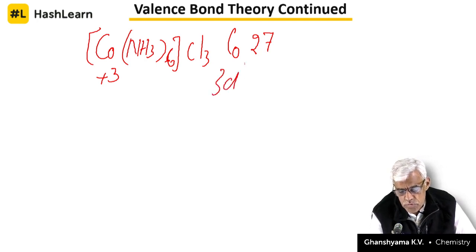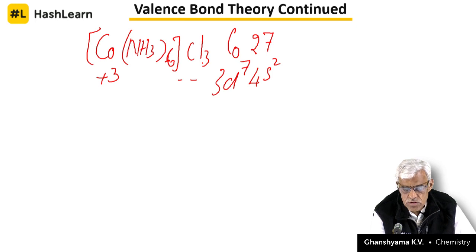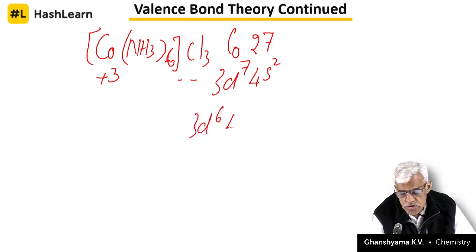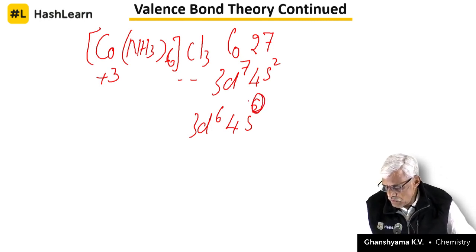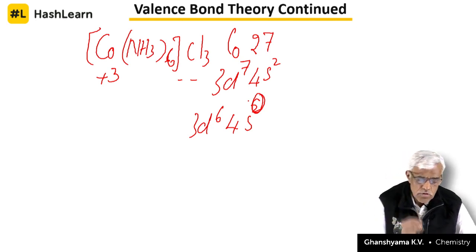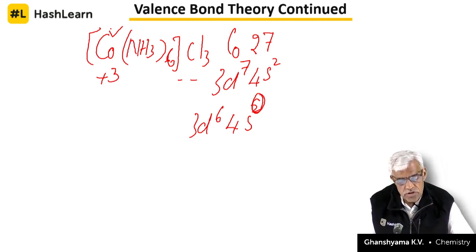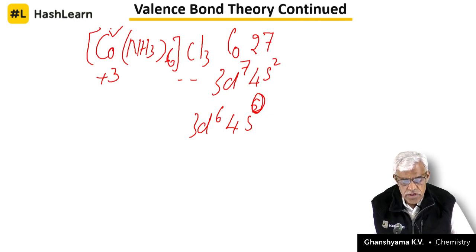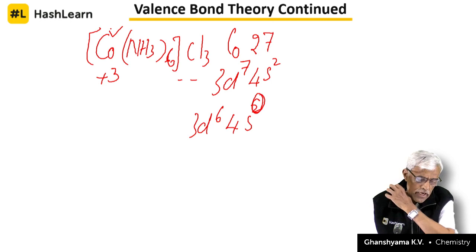It is [Ar] 3d7 4s2. The +3 state is 3d6 and 4s0. So Co3+ present in [Co(NH3)6]Cl3, that is hexammine cobalt(III) chloride.